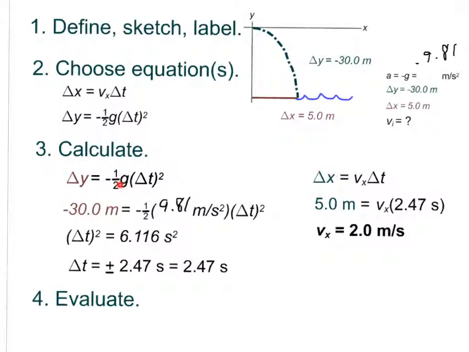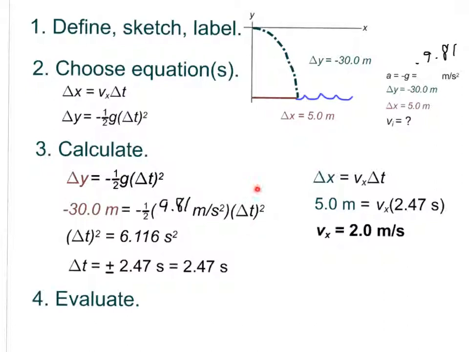So when I write g, g is simply 9.81 meters per second squared, and this equation has already taken into account that it is in the negative direction here. So when I substitute these values in, I'm going to go ahead and solve for delta t. I'm going to plug in my delta y value here, negative 30 meters, and then I'm just copying this down, and g is 9.81 meters per second squared, and then delta t is here.